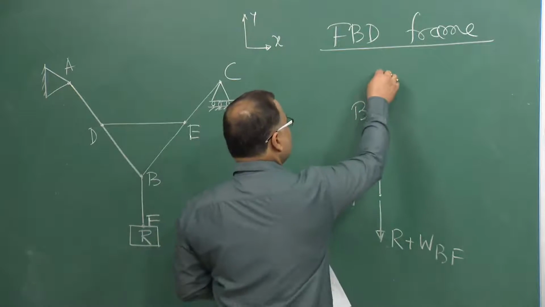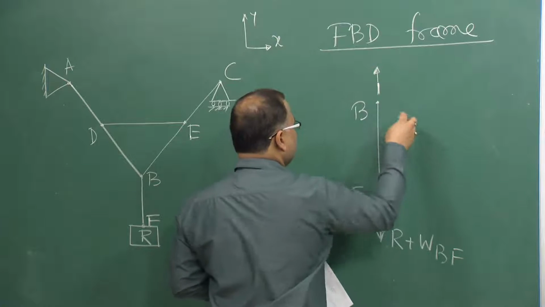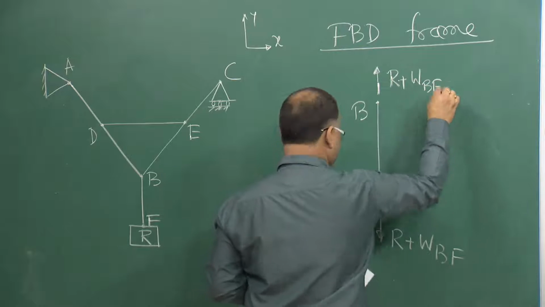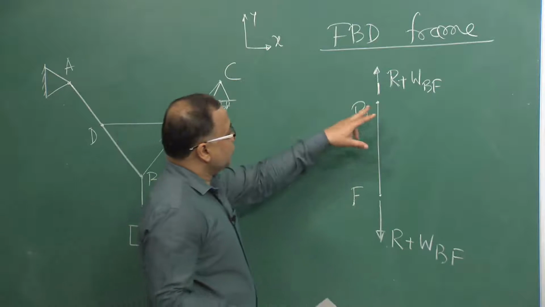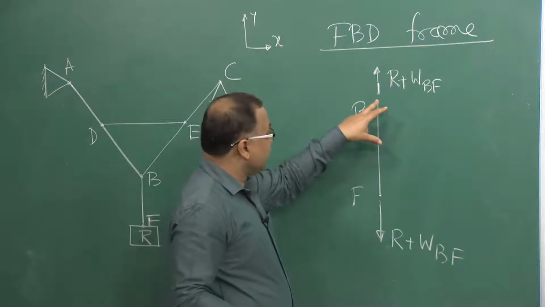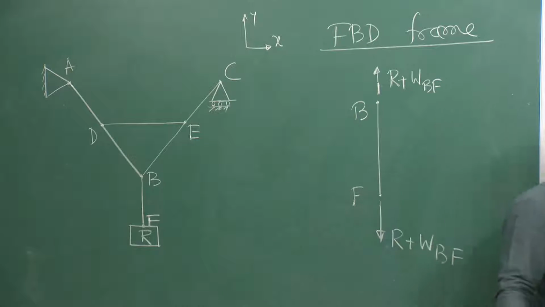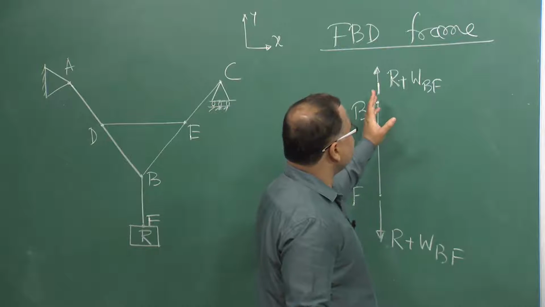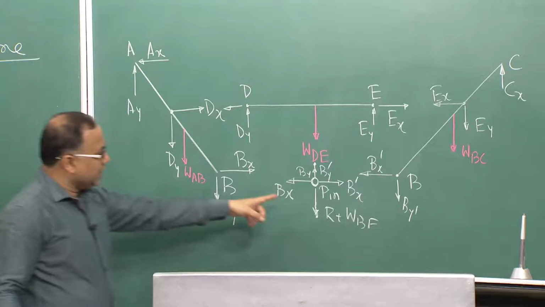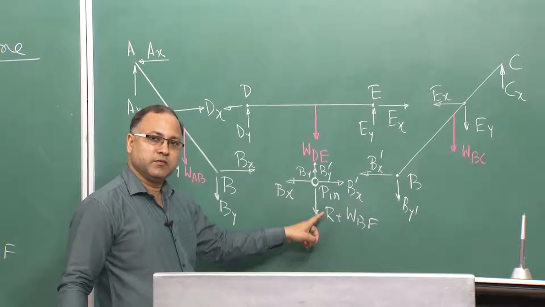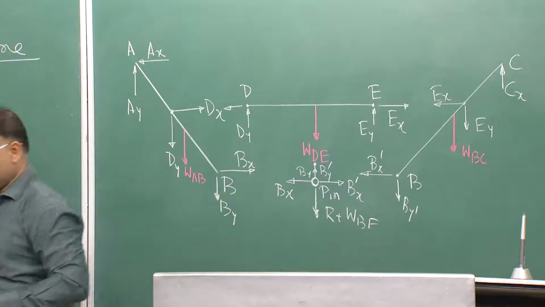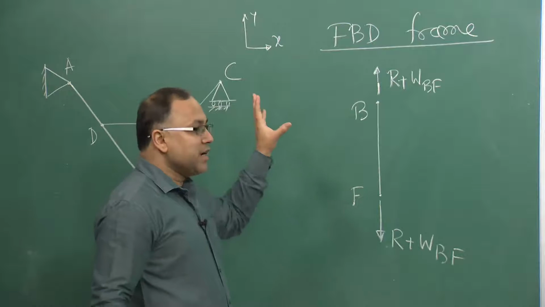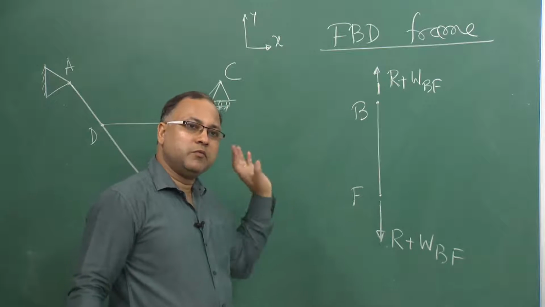So, an equal and opposite force will be acting here, R plus WBF, acting at point B. This point is nothing but this pin point. You see, R plus WBF is acting in the upward direction here, and here it was in the downward direction. So, everything is perfect. This is the free body diagram of each individual member of the frame.